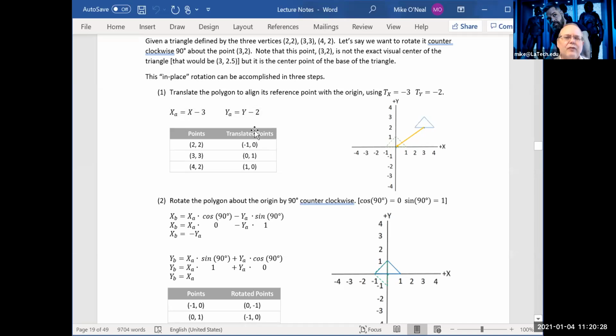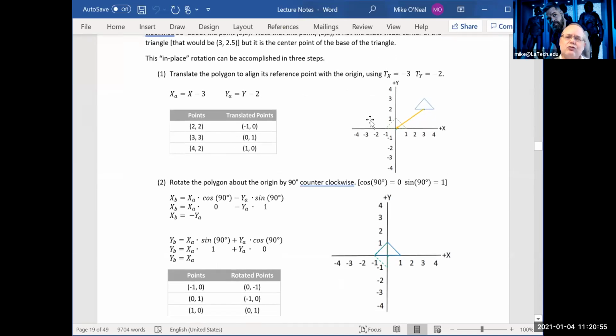Now, this is the equation that will move the reference point, but we would have to actually take each of the 3 points that make up the vertices, and apply these 2 equations to each of them. So 2 minus 3 becomes minus 1, and 2 minus 2 becomes 0.